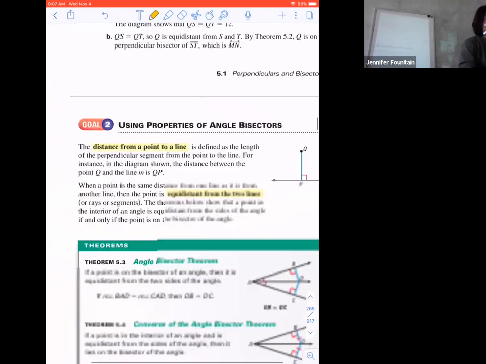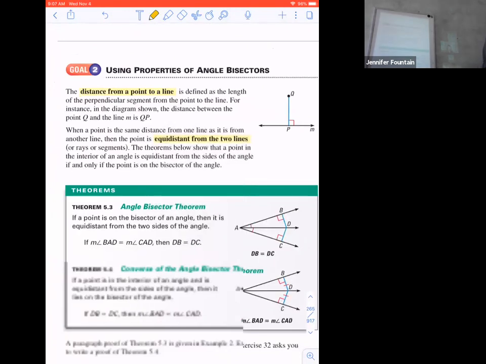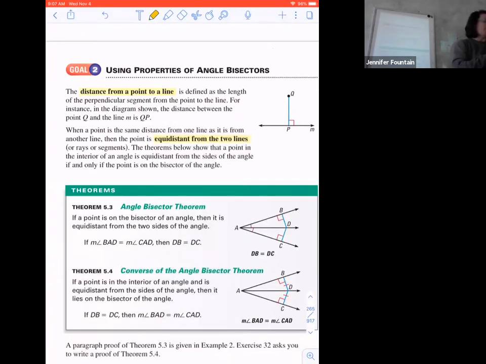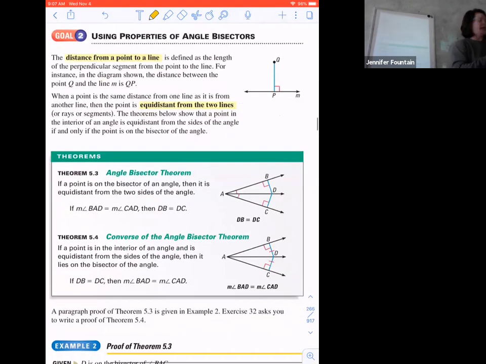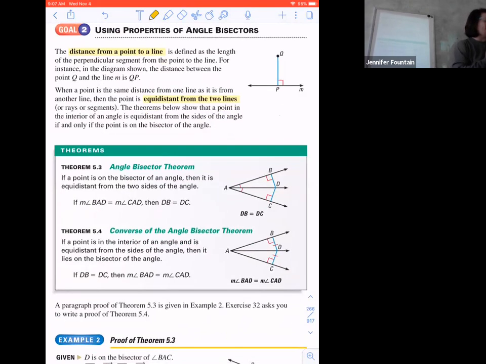All right, let's move on to the next page, page 266. Using properties of bisectors. Okay, so it says the distance from a point to a line is defined as the perpendicular segment from the point to the line.